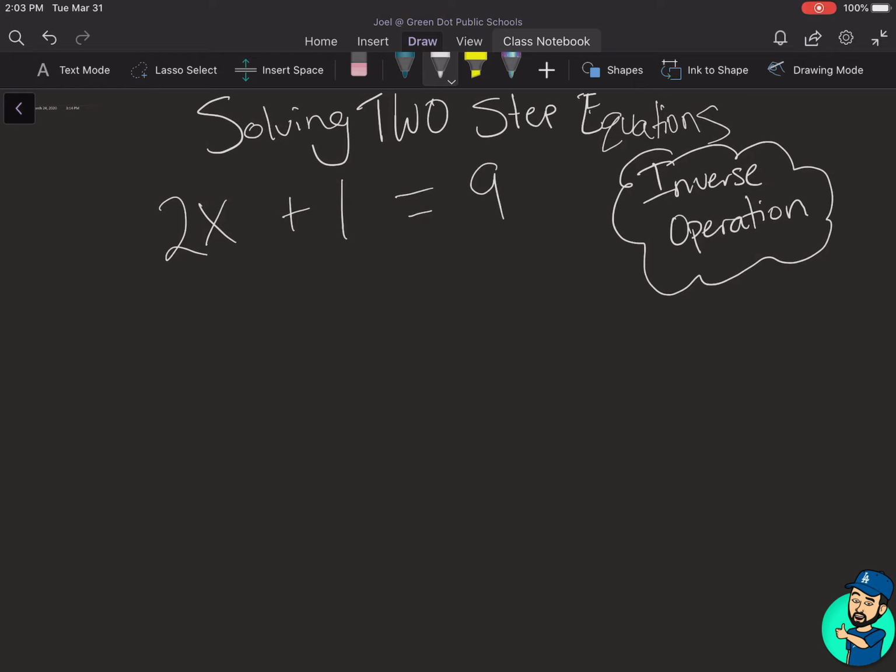That's what it means. Now in this problem right here, we have 2x plus 1 equals 9. Now, we need to leave x by itself. Yes, there's a 2 in front of it. But first, we need to move this number here, the 1, which is positive, to the other side of the equal sign.